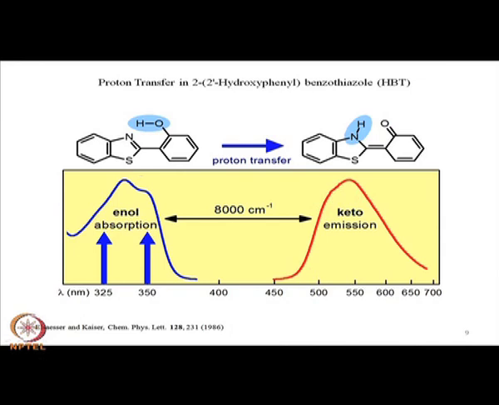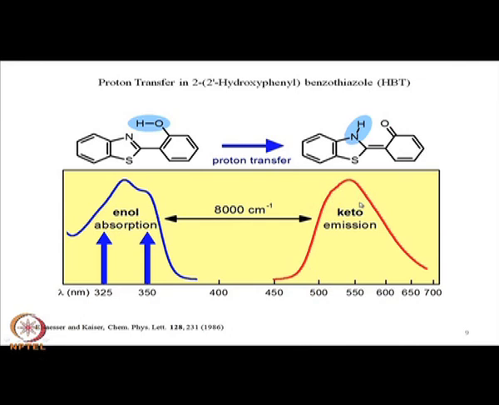So, here the example is taken from this particular reference, that this corresponds to the keto emission. You see that there is a huge Stokes shift, about 8,000 centimeter inverse. It is centered in the UV region, and this is centered in the visible region. And of course, this is not in the ground state, but in the excited state.